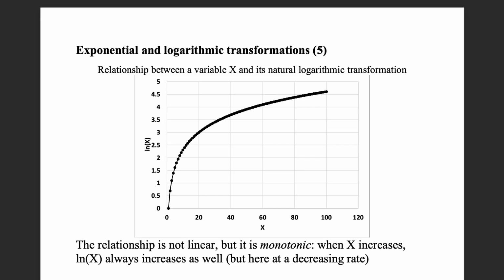Maybe you say, well, I'm interested in analyzing the effect of economic development on democratic development, but I expect that that effect will be quite large for countries that have a relatively low level of economic development. So for relatively poor countries, it makes a lot of difference. There's a fast increase in the level of democracy for every increase in economic development. But the richer countries become, the less of an effect it makes.